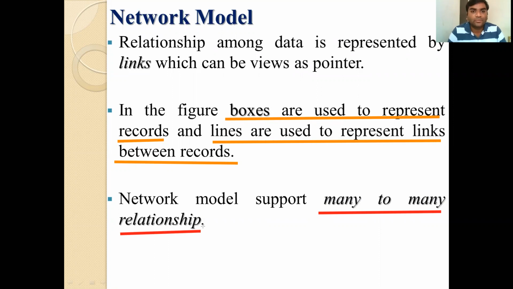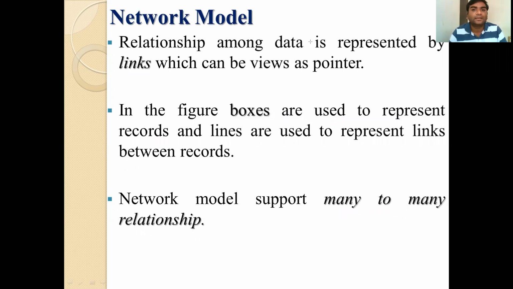Data in the network model is represented in a fixed format. For storing the data, the boxes are used, known as the records, and the lines are used to represent the links between the records. So this is about the network model.